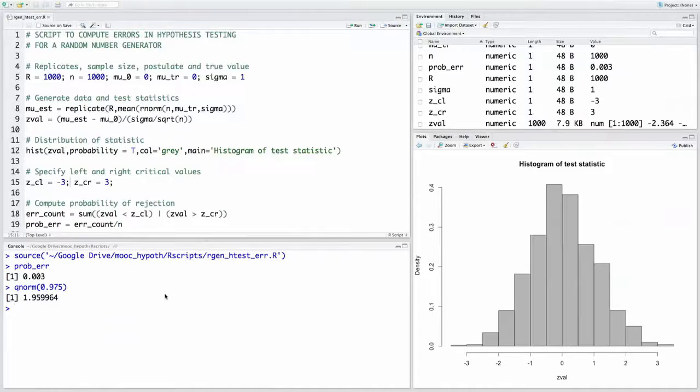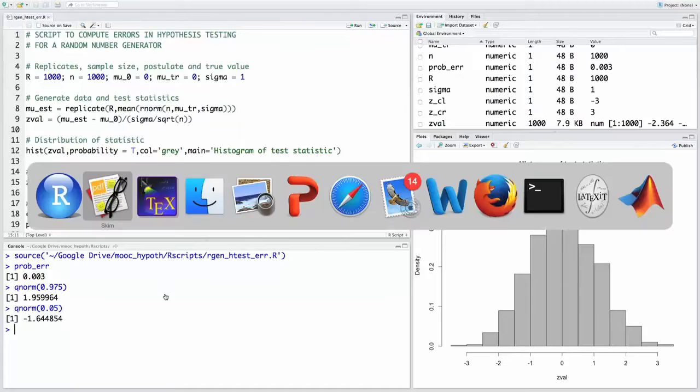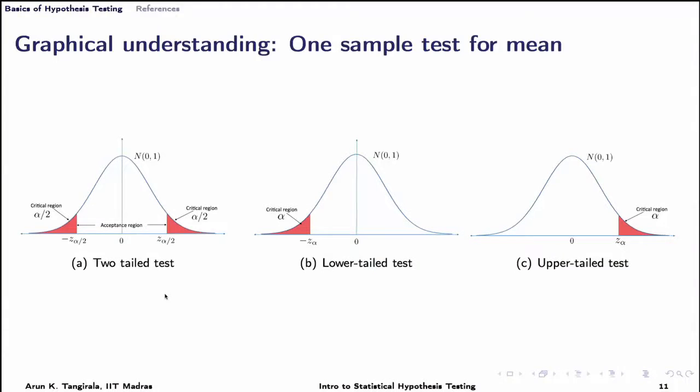Of course, most of us know the answer. Now, here I do not subtract from 1 like I did earlier, because we are looking at a lower tail test, that is something you should remember, and there you go, you get minus 1.65 roughly. And you should guess therefore, that in an upper tail test the critical value, which is going to lie to the right of the postulated value, is going to be plus 1.65. The rest of the story is the same.